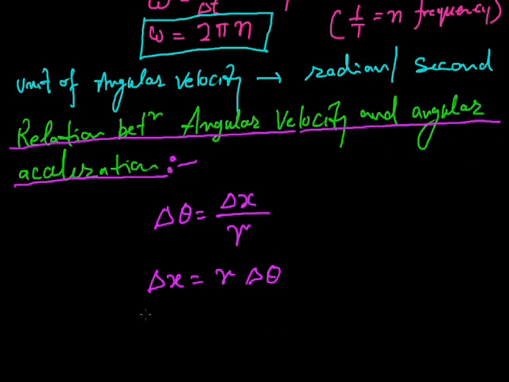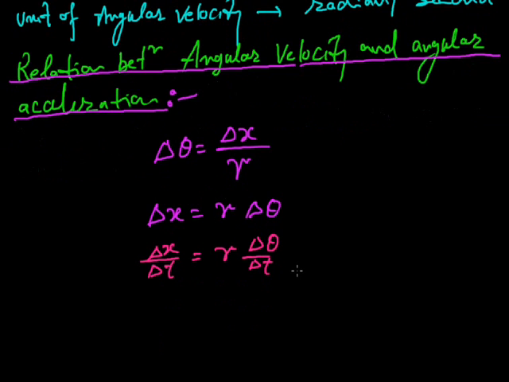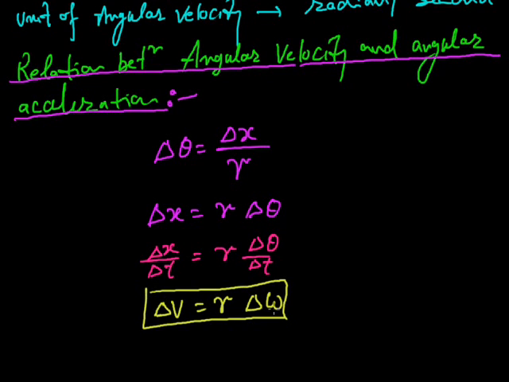Now delta x by delta t will be equal to r delta theta by delta t. दोनों तरफ हम डेल्टा t से डिवाइड कर दें. Delta x by delta t is delta v, displacement upon time, so delta v is equal to r delta omega. Simply we can write v is equal to r omega.